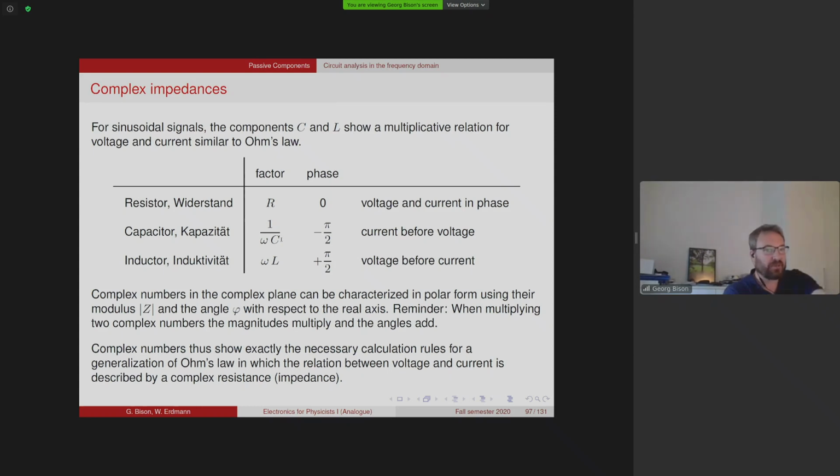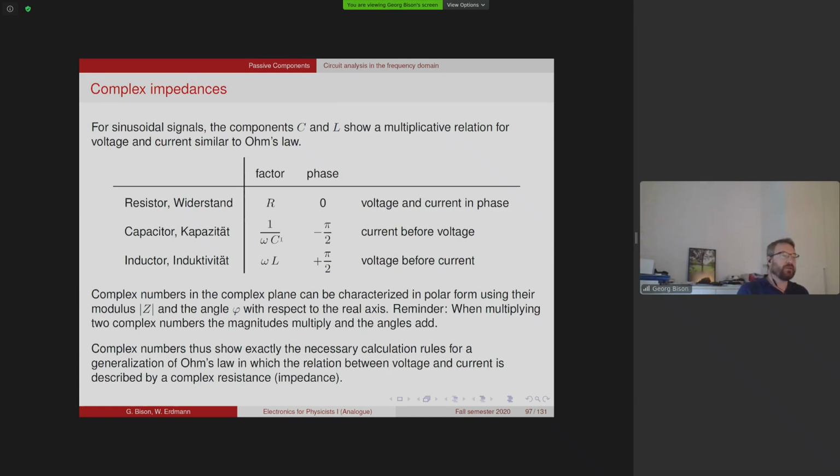We have to carry charge carriers to the capacitor, and this is only possible with a current. On the other hand, for an inductor, there's voltage before current. The inductor doesn't want to conduct a current, and only if we apply a voltage, we can make a current going slowly. So there we always have voltage before current.